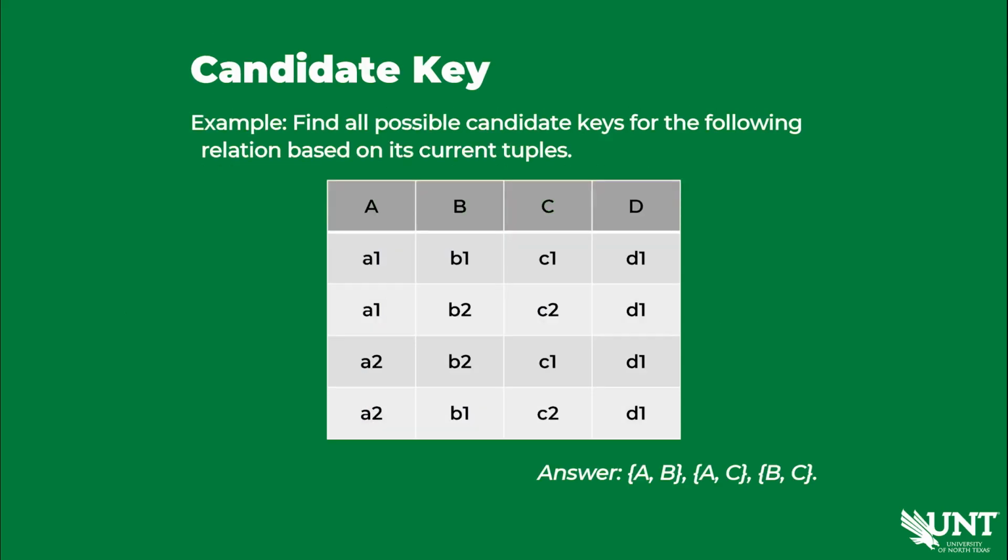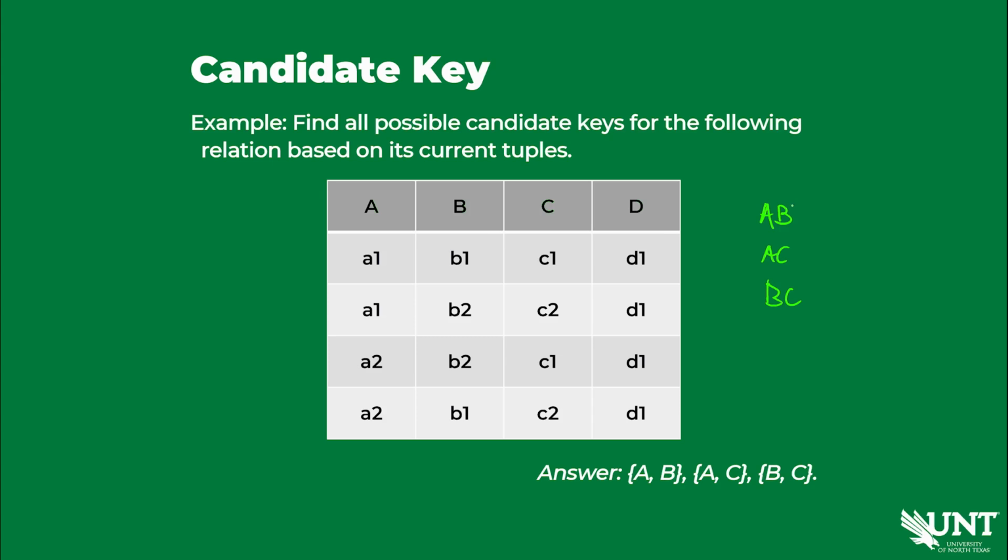So from that analysis, by looking into all possible candidate keys, we will notice that A and B, A and C, and B and C, from all possible combinations of super keys, are the only ones that will be candidate keys. Why?